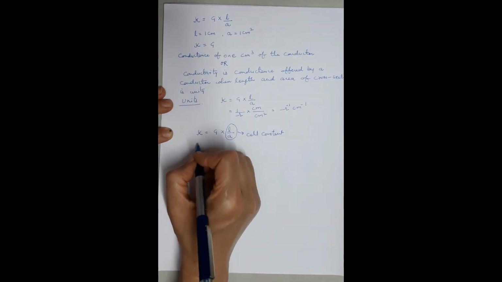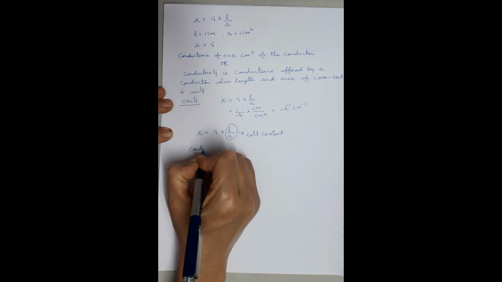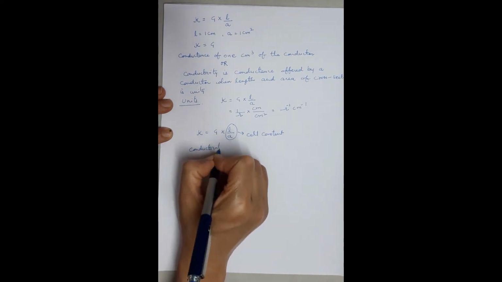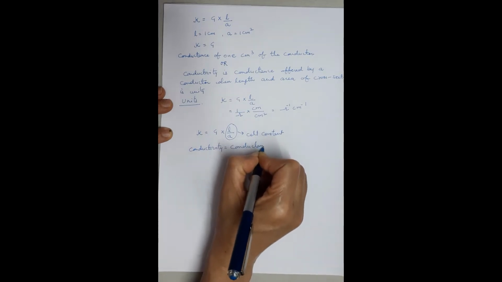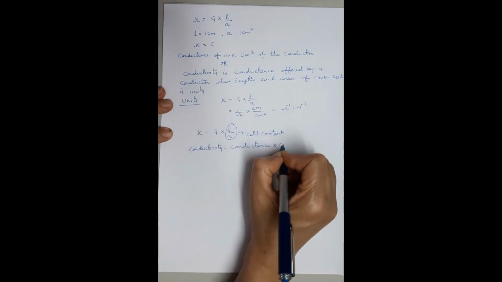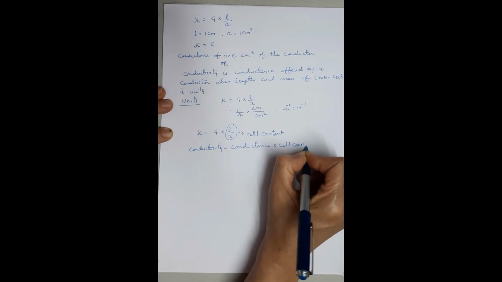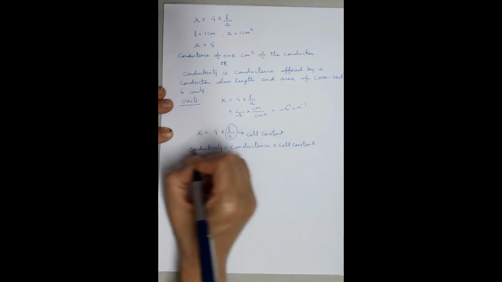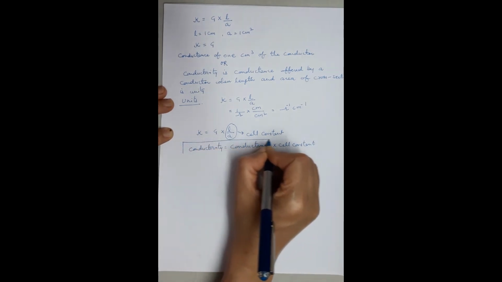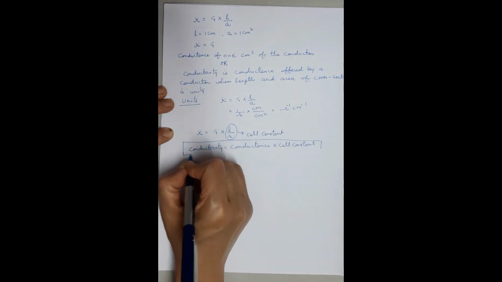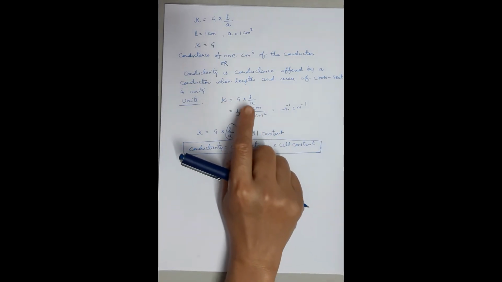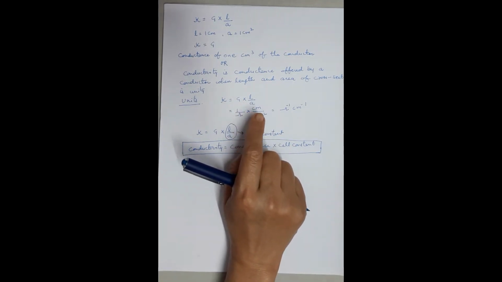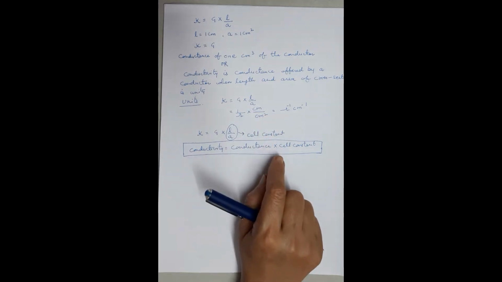So I can write down conductivity is equal to conductance into cell constant. Do you know what a cell constant is? Beta, cell constant is generally not calculated from the values of L and A, because these are difficult to measure for a given cell.